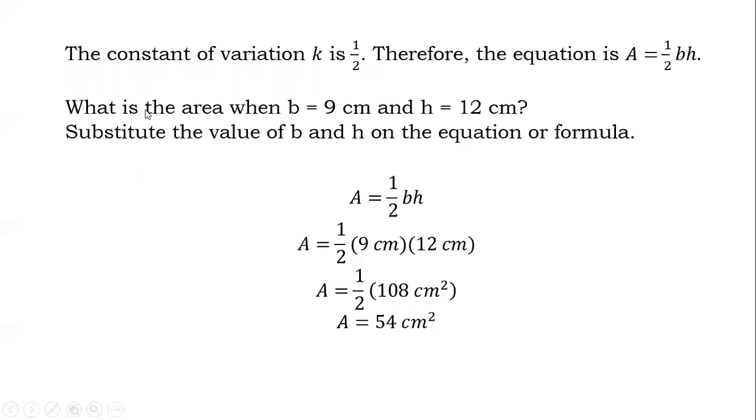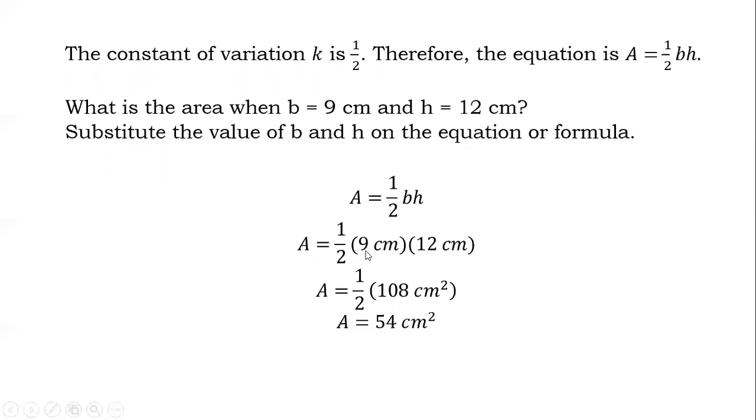What is the area of a triangle when the base is equal to 9 centimeters and the height is equal to 12 centimeters? Just substitute the values of b and h into the formula. We have area equals 1 half times 9 centimeters times 12 centimeters.